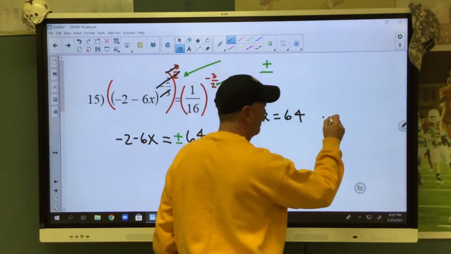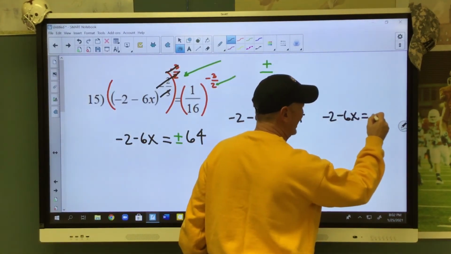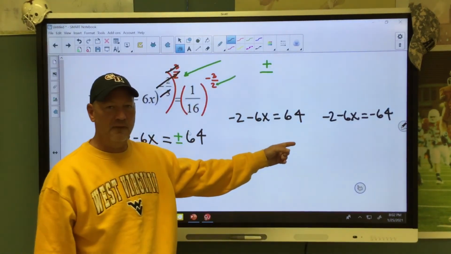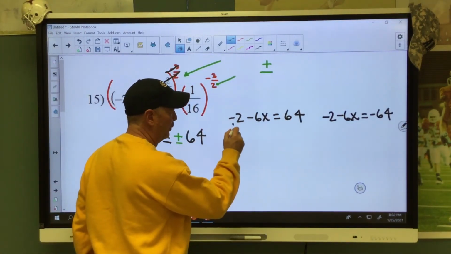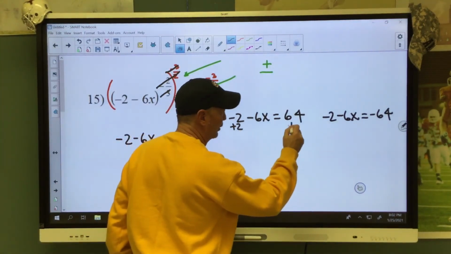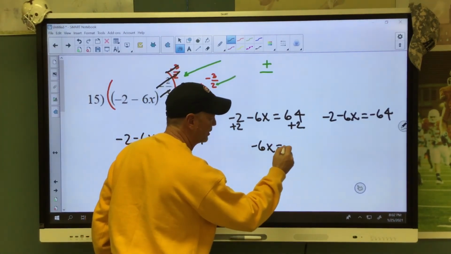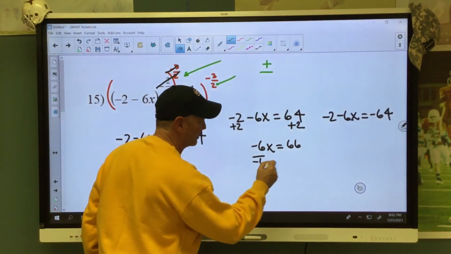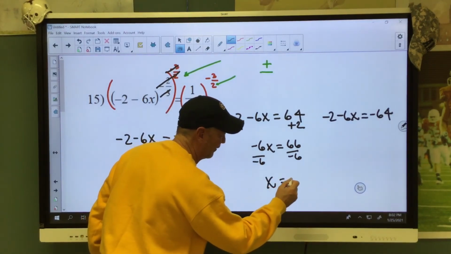Negative 2 minus 6x equals a negative 64. Plus 2, plus 2. Negative 6x equals 66. Divide by negative 6. X equals negative 11.